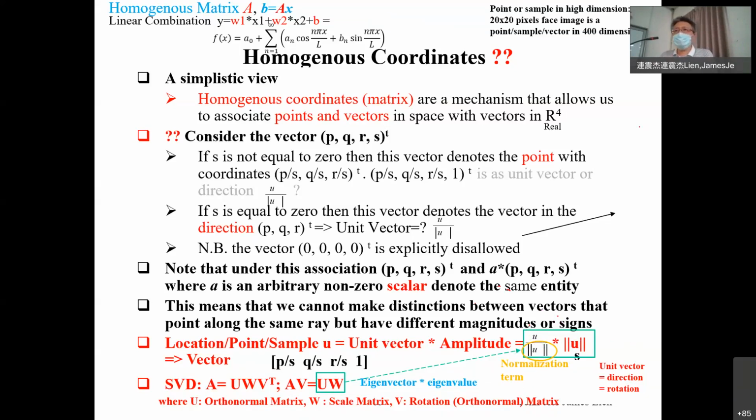So the Gaussian distribution, when you do the Gaussian distribution, the denominator term of the exponential term is the variance, the square of the standard deviation. 标准差平方，那个是什么？Normalization term. What does the normalization term mean? It means everybody has the same unit.